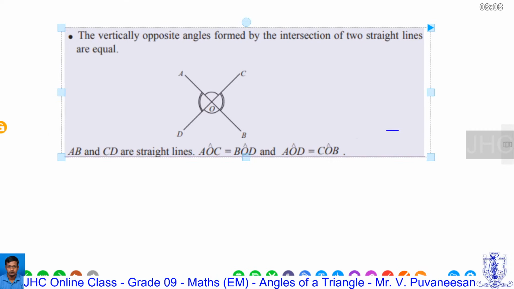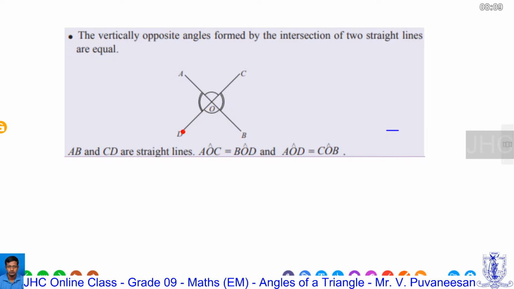The vertically opposite angles formed by the intersection of two straight lines are equal. Look at the picture. There are two straight lines, AB and CD, intersecting, and 4 angles are formed. Look at angle AOC and DOB.